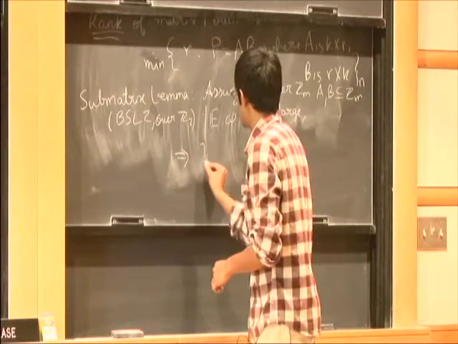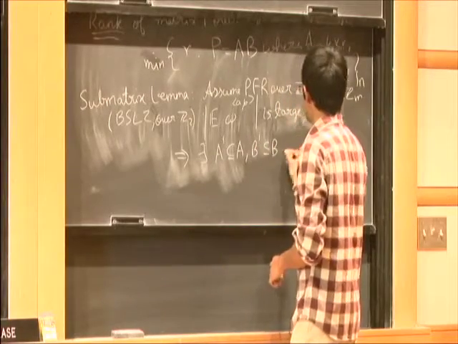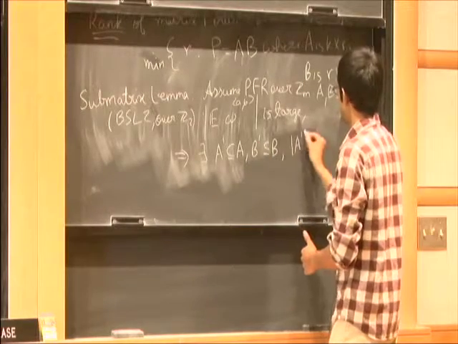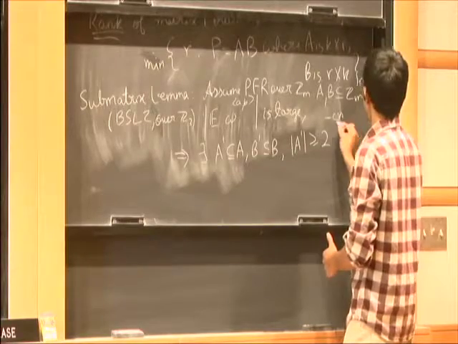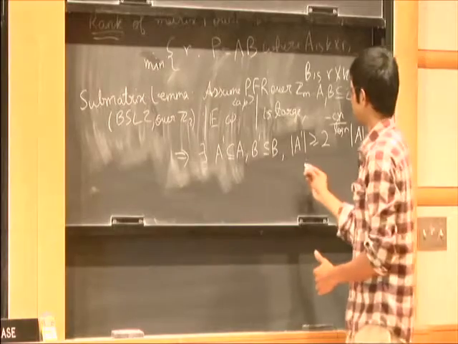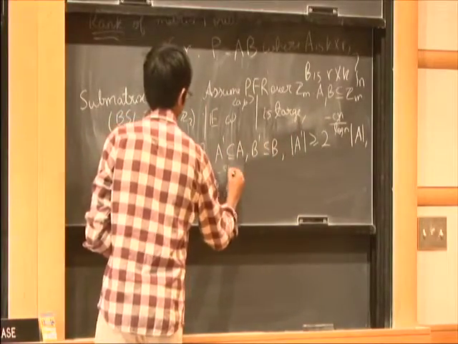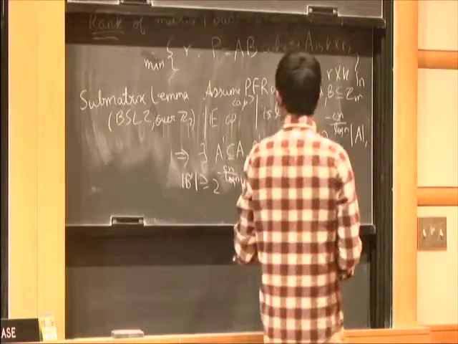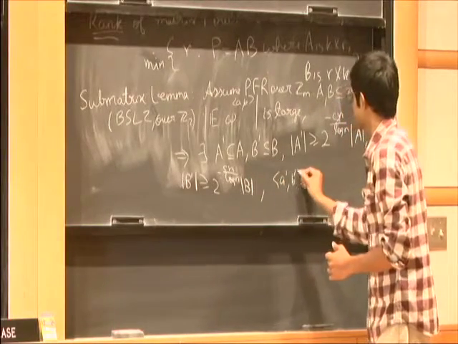So then there exists A' in A, B' in B such that firstly they are large enough, and similarly B, and the inner product of A' and B' is fixed.